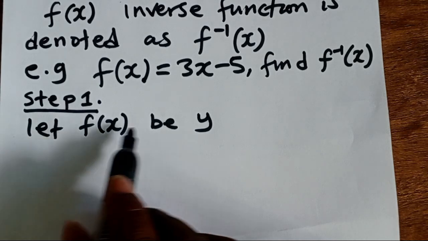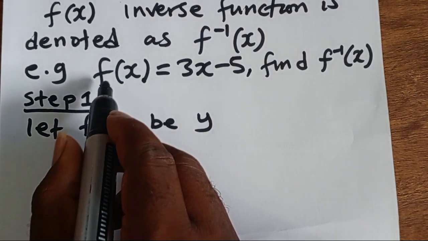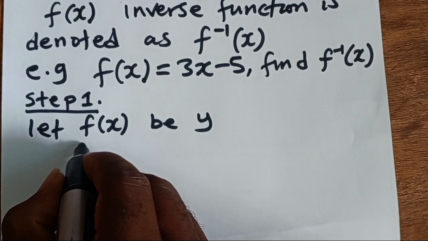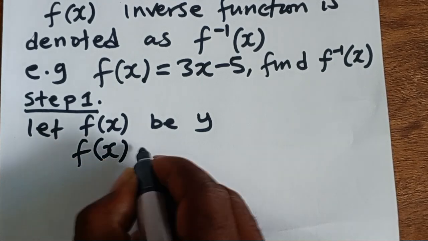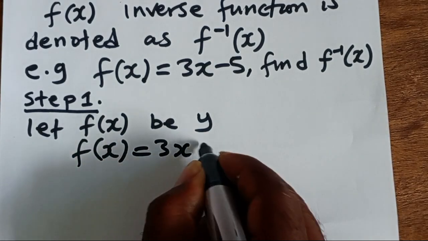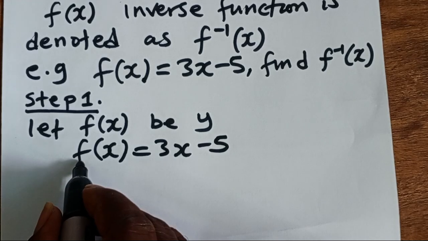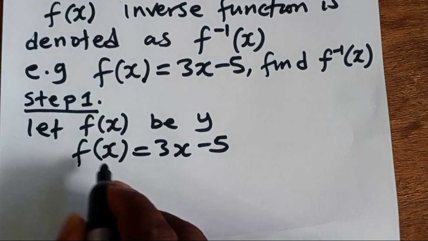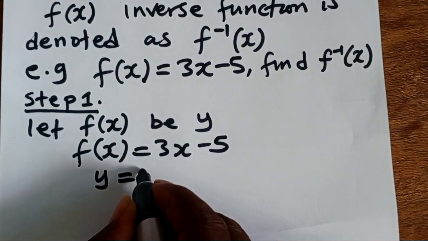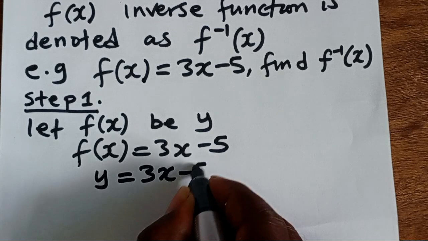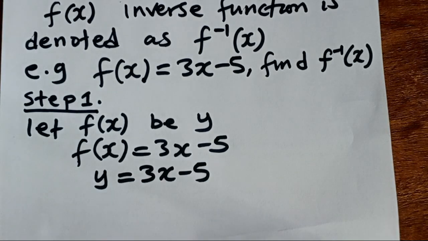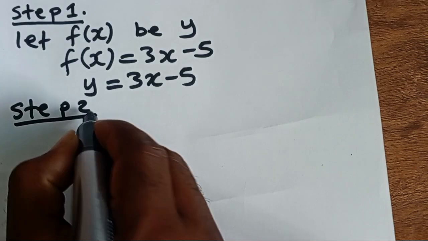So let f of x be y. The function that we have is f of x equals 3x minus 5. So step 1, let f of x be y. So it is going to be y equals 3x minus 5. So that is step 1.